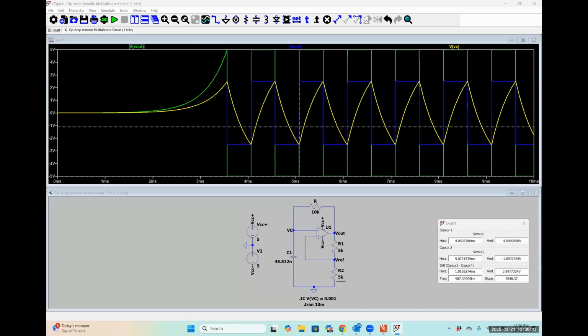So effectively, our capacitor voltage is always chasing our reference voltage at that node. As soon as our capacitor voltage catches up to our reference voltage, our output switches because our differential voltage is just the difference between VC and VREF.